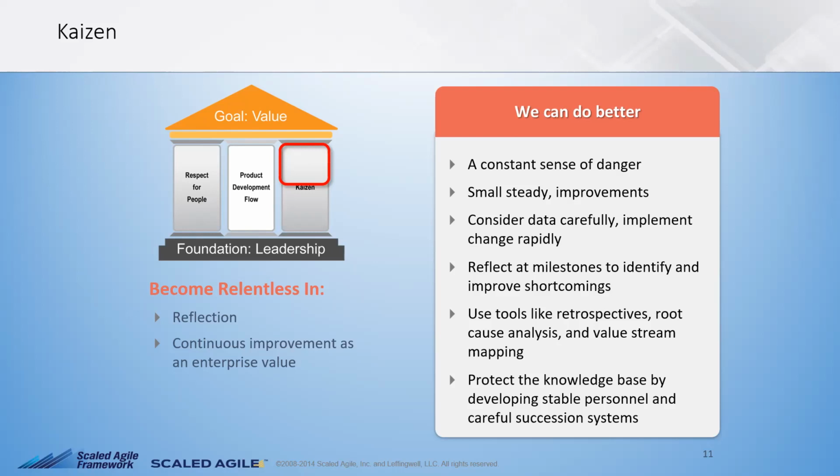Protect the knowledge base by developing a stable personnel and careful succession team. Here, as we've seen, everybody is preaching to archive the knowledge, to collect the knowledge, and to share the knowledge with others as well. So knowledge bases and knowledge archival systems are a really good thought process in today's project management world.